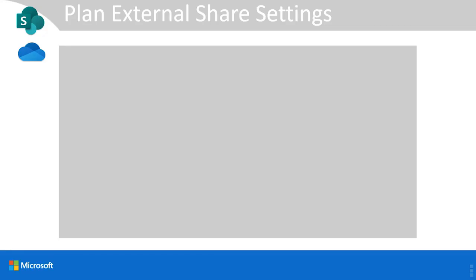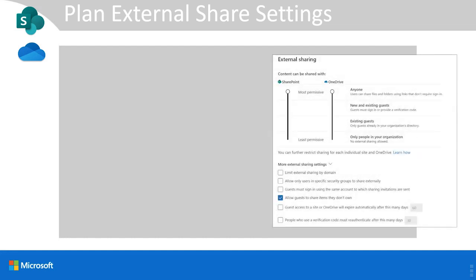Planning how external sharing can be done in your organization is a critically important administrative decision that should be made early to avoid user confusion. Anyone who's ever used OneDrive knows that it's extremely easy to share content stored in OneDrive with external users, which is great in terms of usability and potentially worrying to organizations that want to safeguard their sensitive data.